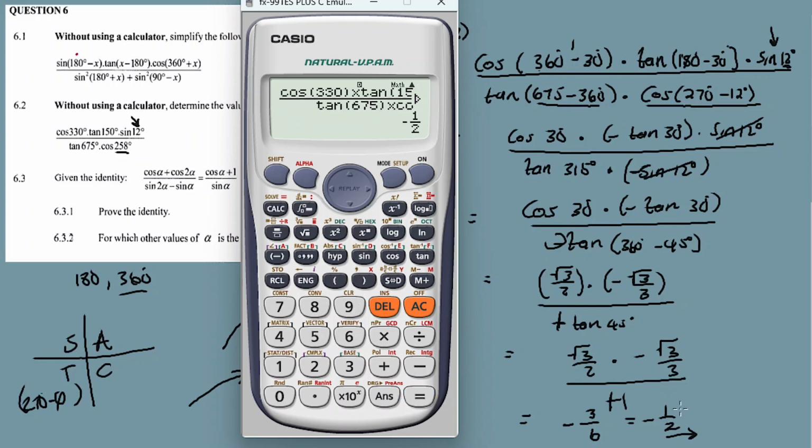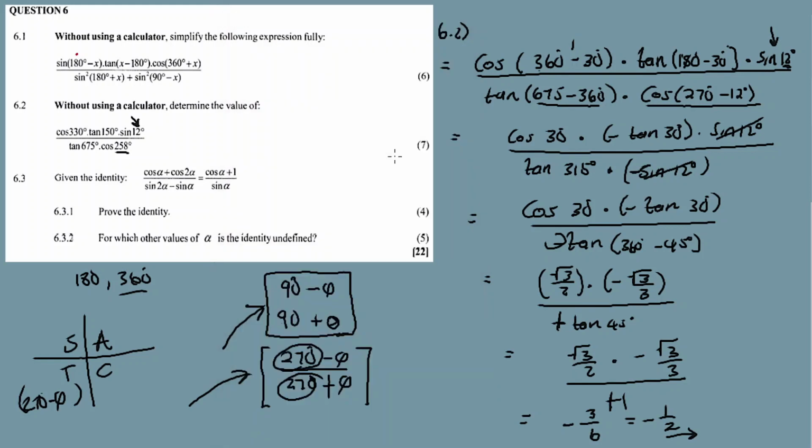And it came out positive, and I was like, no, something is not right. It's because I forgot to consider the sign for this 270 minus 12 degrees. Yes, all right again.